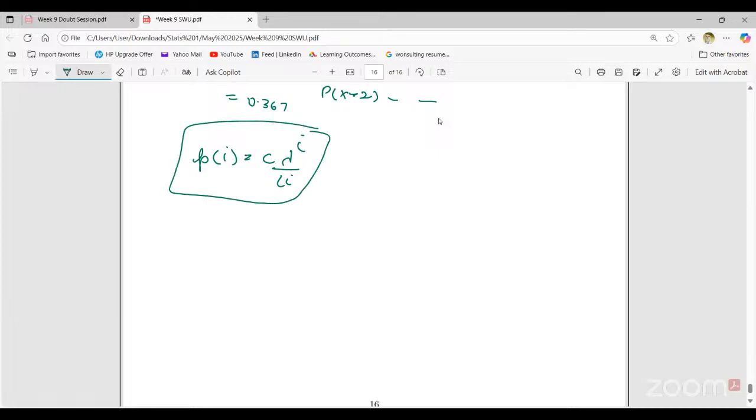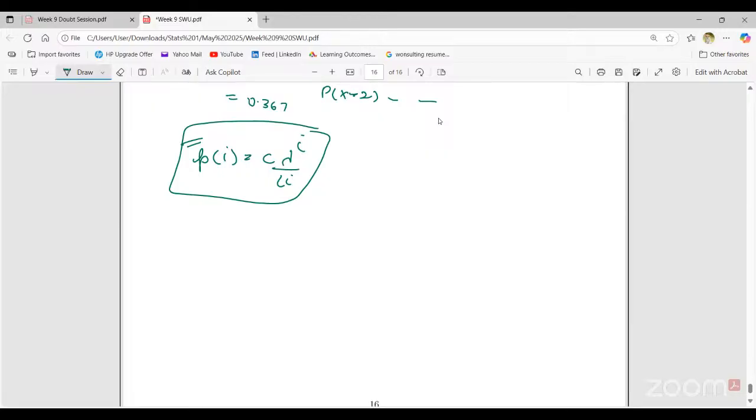So you have to put the values of i, which take values from 0, 1, like that, to infinity. So this is just a probability. That's it. It's nothing else.